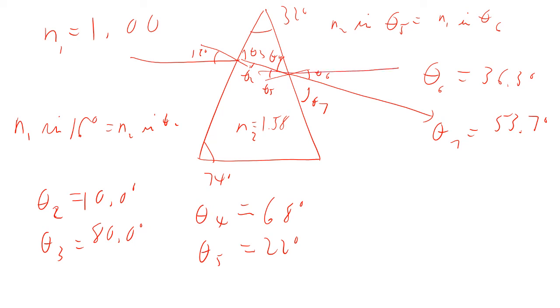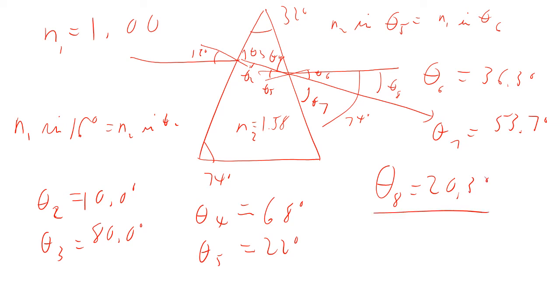Okay, and so this is still 74 degrees. And so this angle, theta 8, is going to be 74 minus 53.7, so that would be 20.3 degrees.